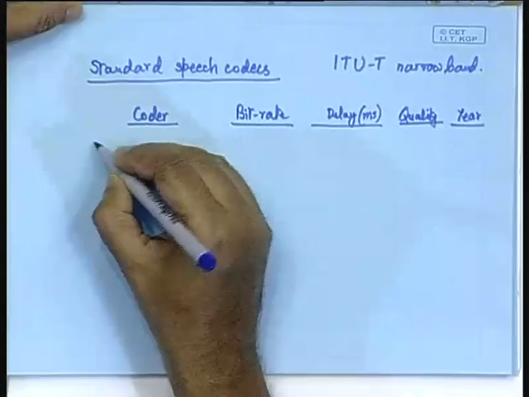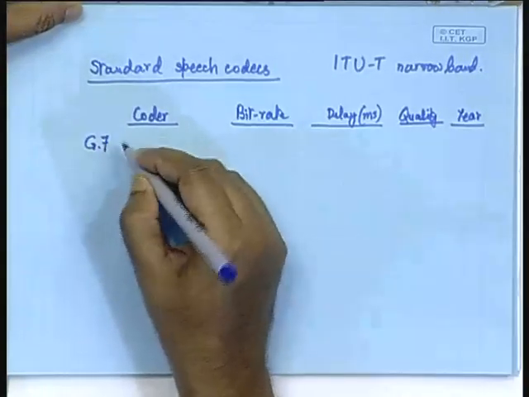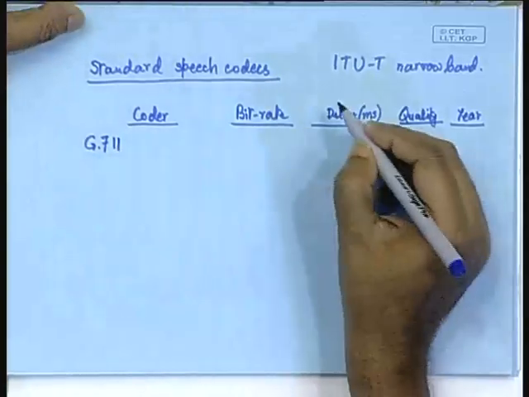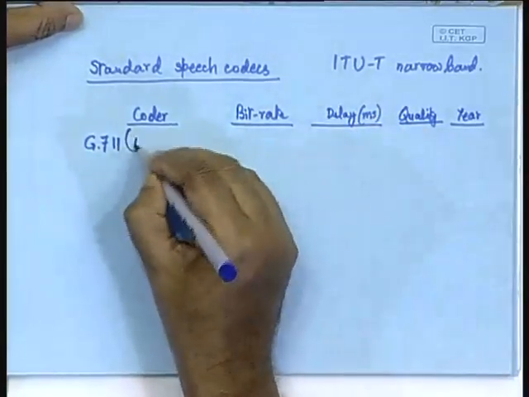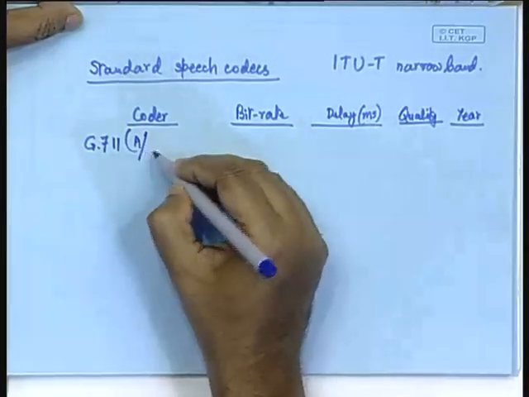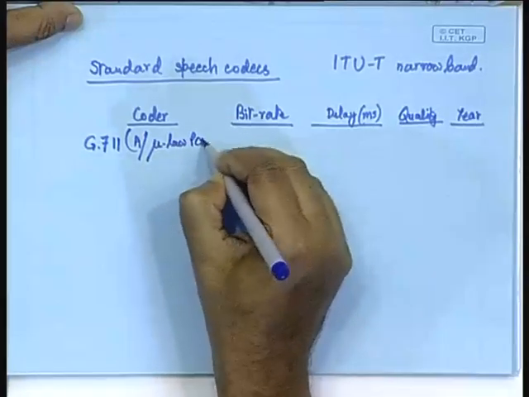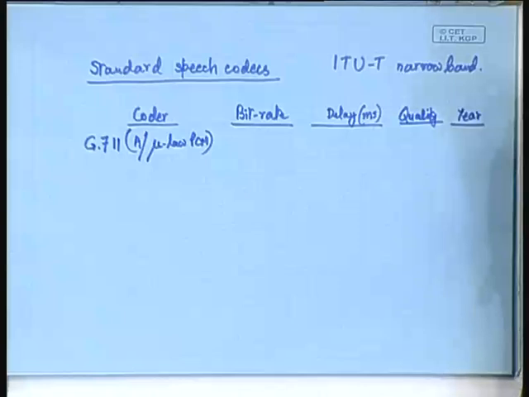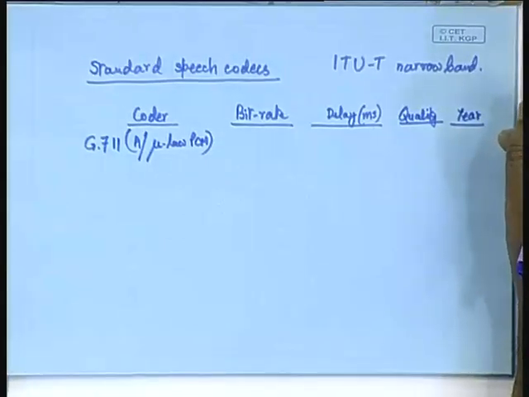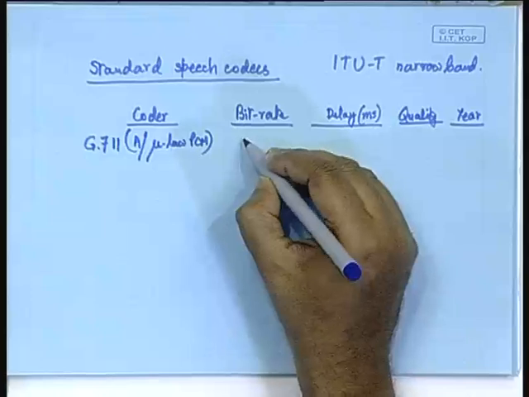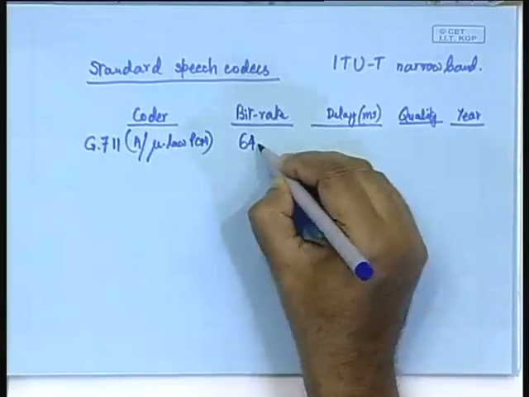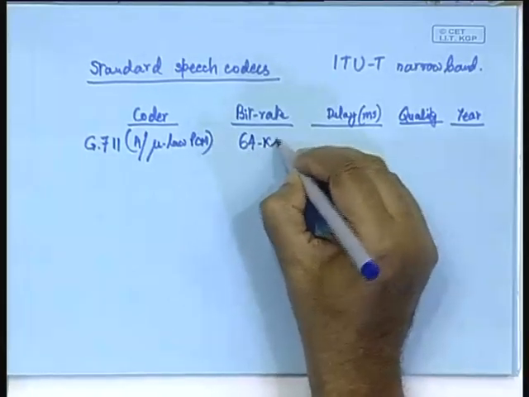So, we begin with the G.711 coder, which is basically an adaptive and mu-law PCM. We will be covering this adaptive and mu-law PCM in the next 1 or 2 lectures. Essentially, as I had told you already, PCM conforms to a bit rate of 64 kilobits per second.